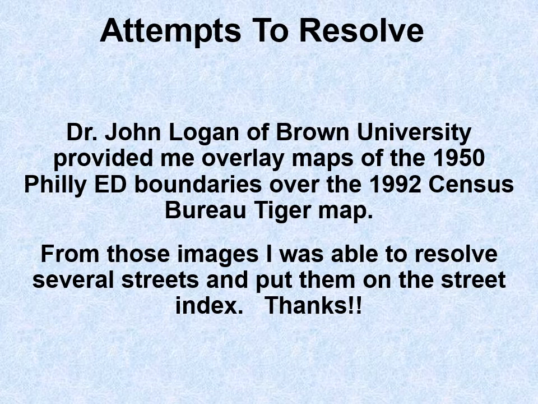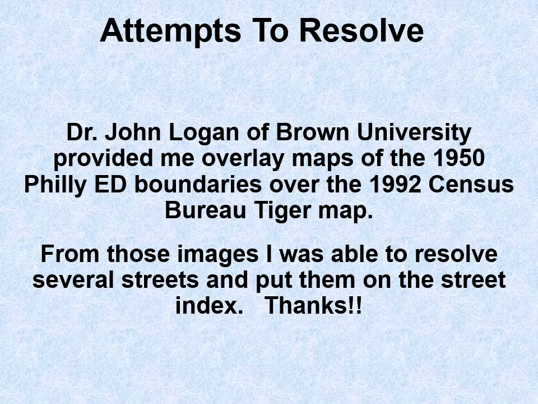Dr. John Logan of Brown University, at my request, provided me overlay maps of the 1950 Philly ED boundaries over the 1992 Census Bureau Tiger map. And from those images, I was able to resolve several streets put on after the ED map was produced.